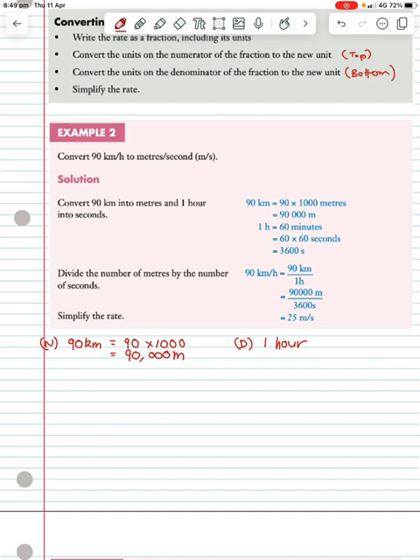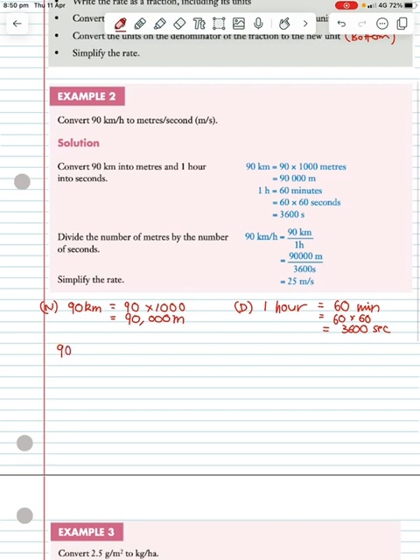I am doing it a little differently to how our steps are up there. 1 hour is going to equal 60 minutes, but we want this to be in seconds. So 60 minutes, if we multiply that by 60, we're going to get 3,600 seconds. So we've got 60 minutes and we want to know how many seconds. We know there's 60 seconds in a minute, so that's why we're multiplying them.